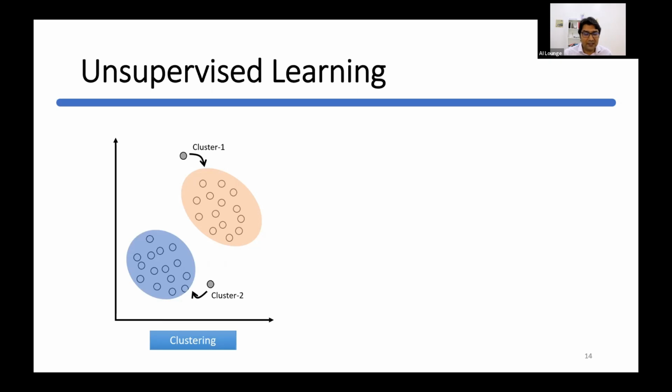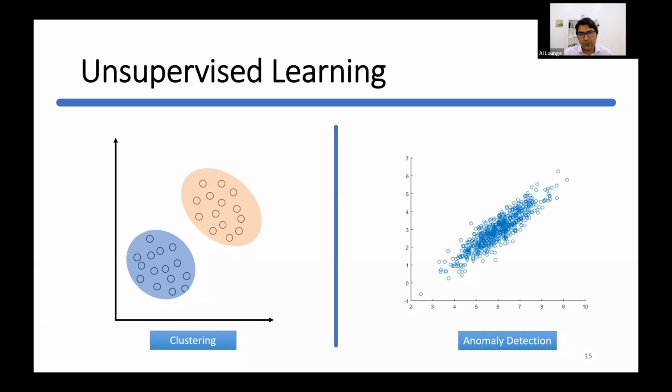Now, keep in mind that clustering is not the only form of unsupervised learning that is available to us. There's another form of unsupervised learning, which is called anomaly detection. So let's say you have 1,000 transactions of a credit card customer that you have accumulated over 1 year.